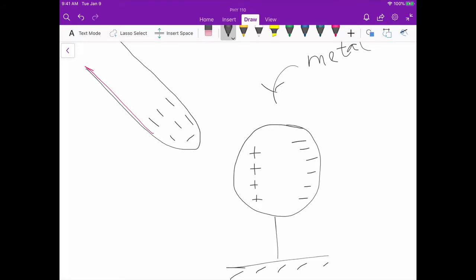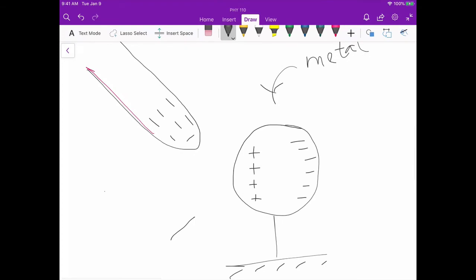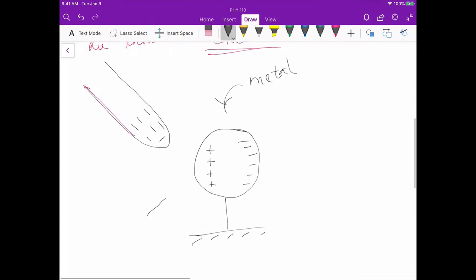So when you bring it close, what if you touch the metal with this negatively charged rubber? Those negatively charged particles from the rubber are very excited, and they can jump to the metallic material.